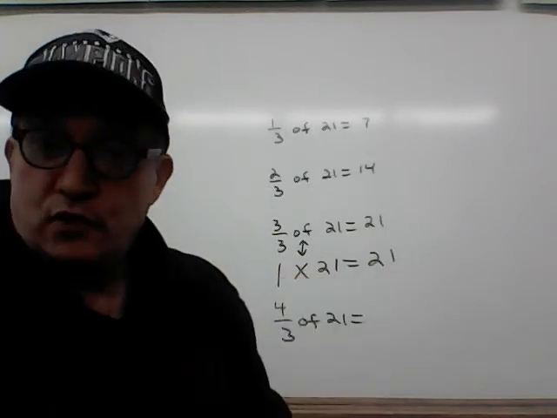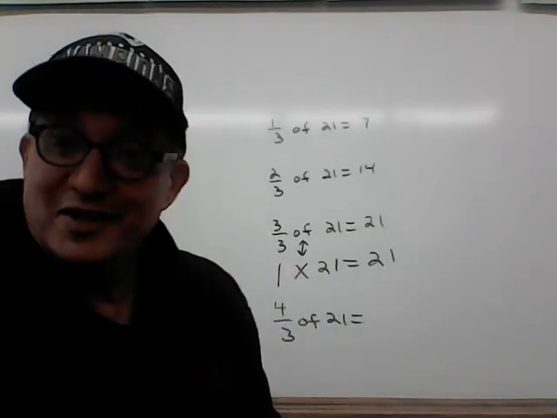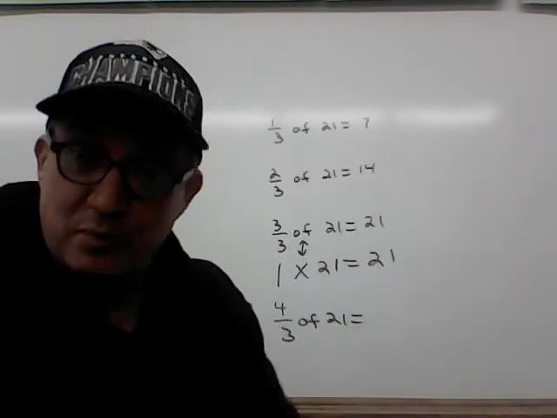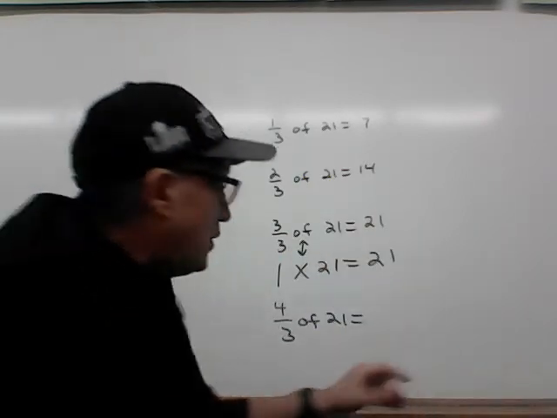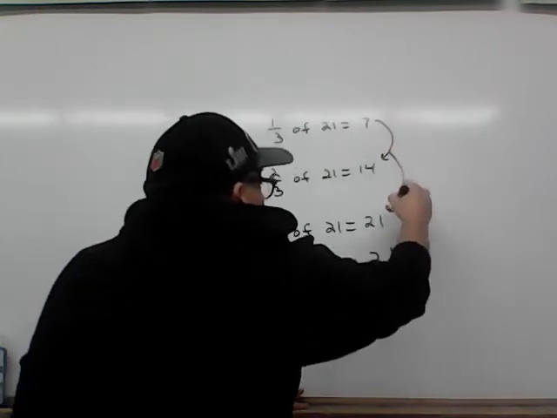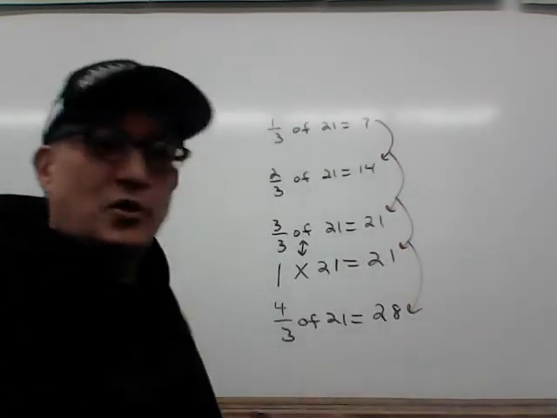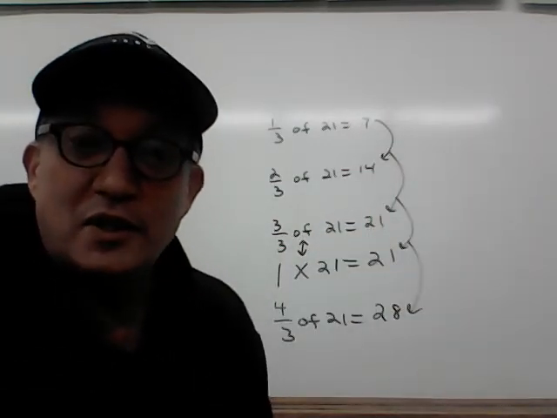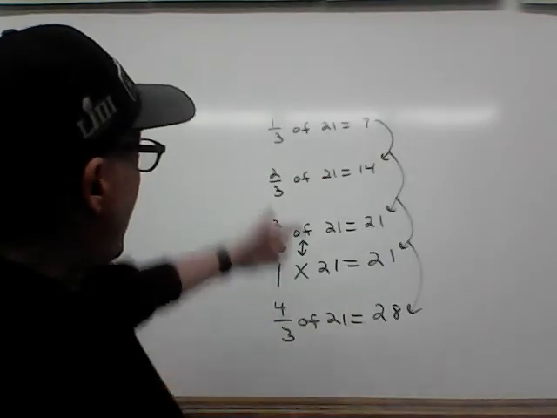Back to 1/3 of 21. 1/3 of 21 is 7. 4/3 of 21 is 4 times bigger. So it's 4 times 7, or 28. Notice as we go down the list of problems there, the answers are increasing by 7. Why?